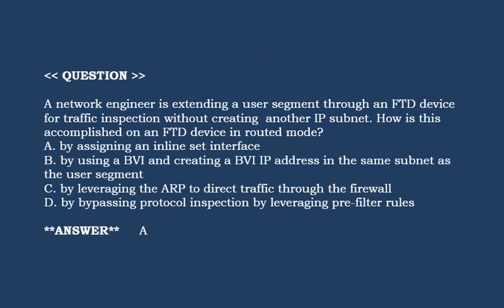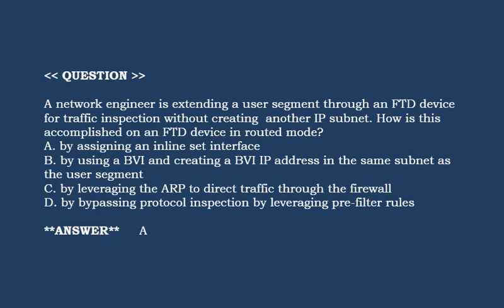Next question is a network engineer is extending a user segment through an FTD device for traffic inspection without creating another IP subnet. How is this accomplished on an FTD device in routed mode? Option A by assigning an inline set interface.